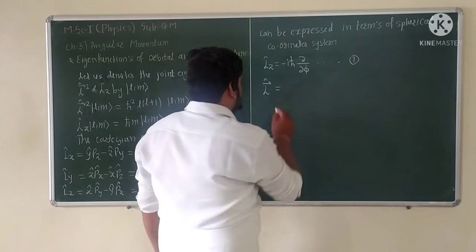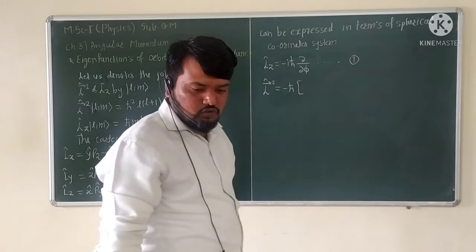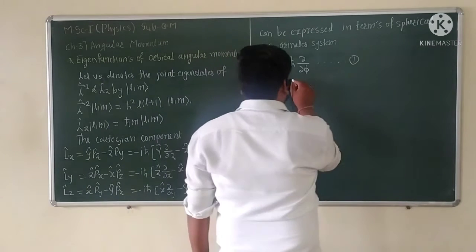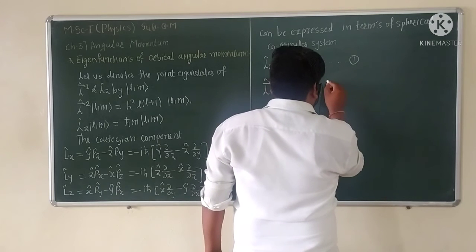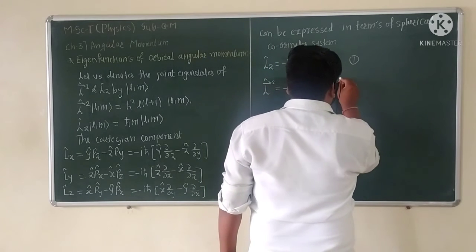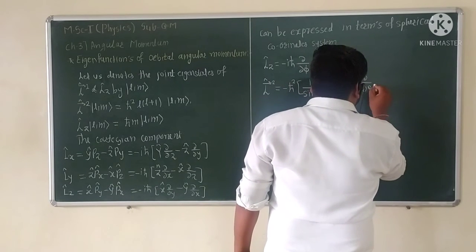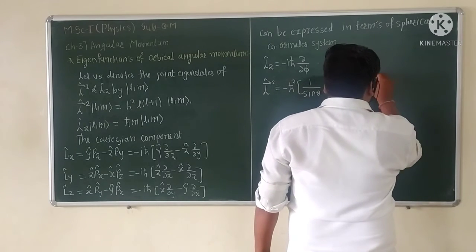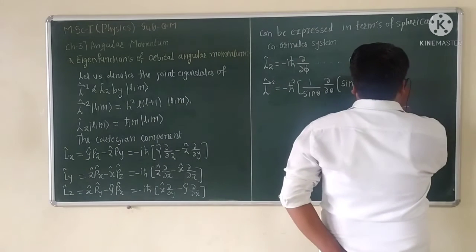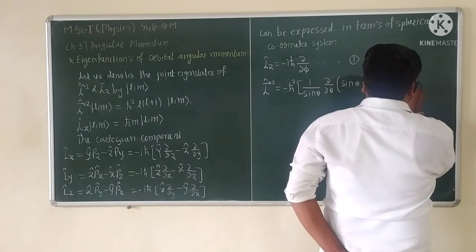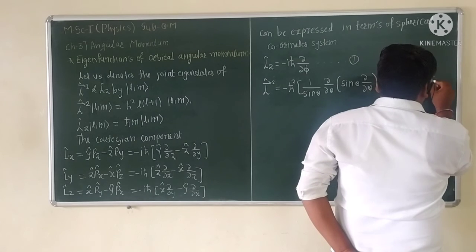Again, L cap square is denoted by minus h cross square of 1 upon sin theta dou by dou theta sin theta dou by dou theta plus 1 upon sin square theta dou square by dou phi square.